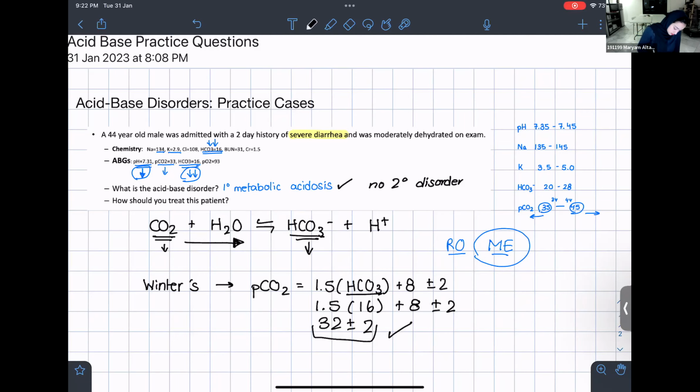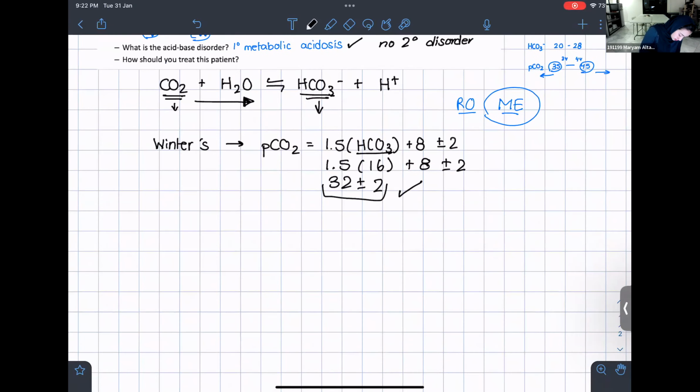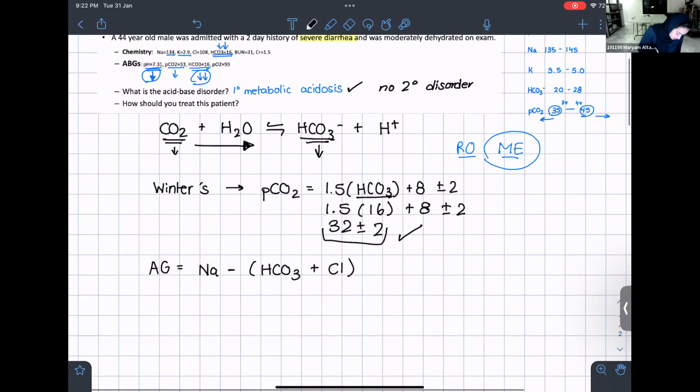So, how do we calculate the anion gap? Remember, the anion gap equals sodium minus bicarb plus chloride. So what's our sodium value?